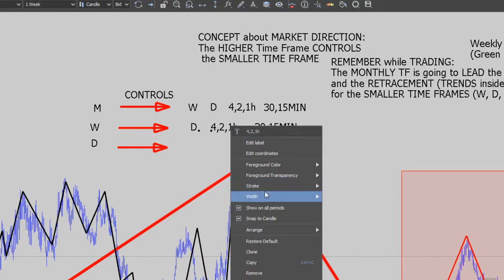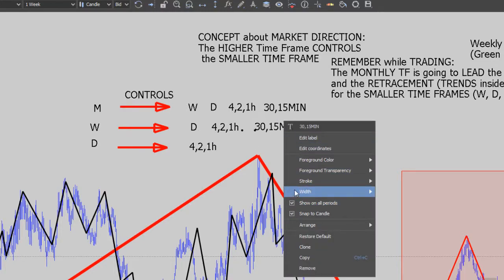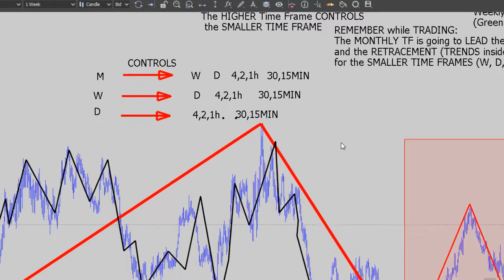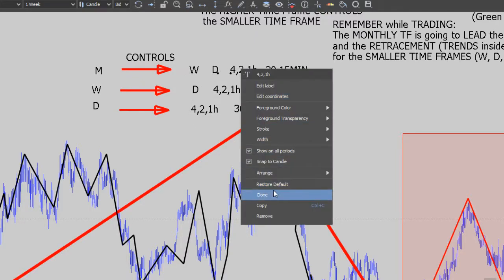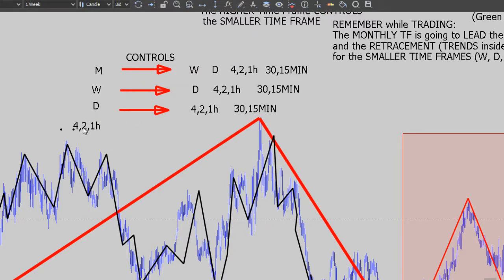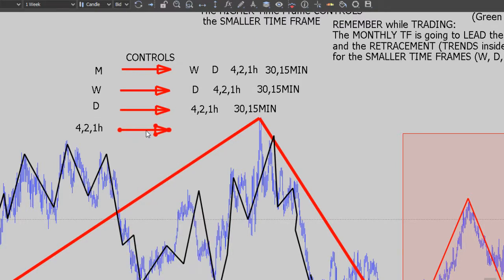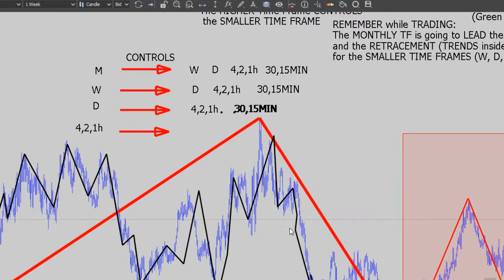Well, the smaller time frames are the 4 hour, the 2 hour, the 1 hour, and the 30-minute chart, 15-minute chart, right? Okay, and lastly you have the 4 hour, the 2 hour, the 1 hour, which is going to control the 30-minute chart and the 15-minute chart.